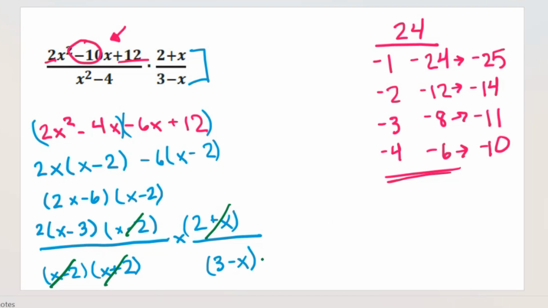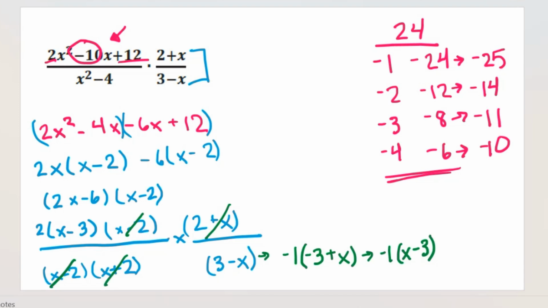If I factor out a negative 1, it would switch their signs. Negative 1 times negative 3 is a positive 3, and negative 1 times positive x is minus x. Another way of writing this is negative 1 times x minus 3.